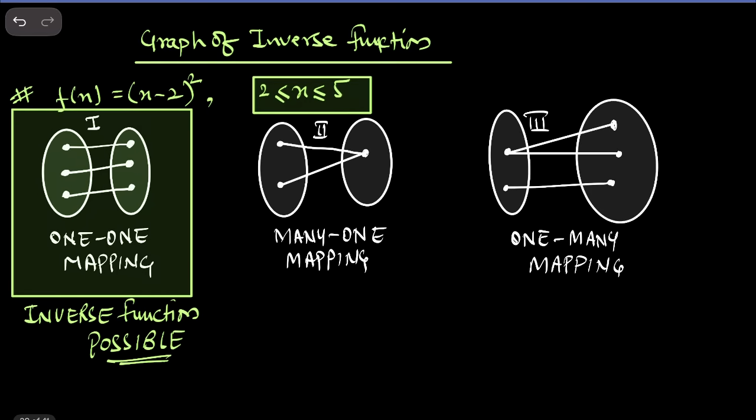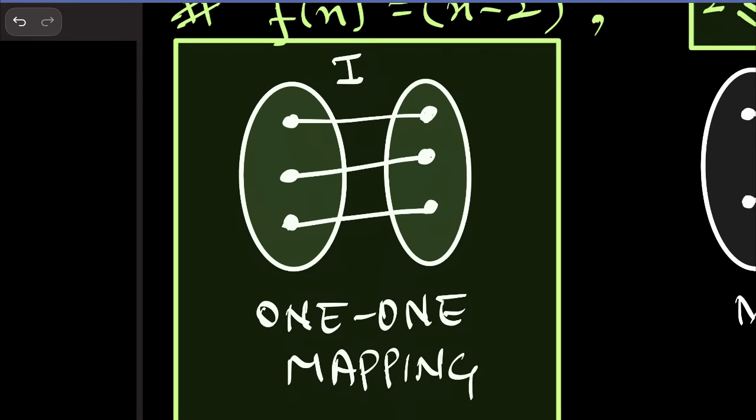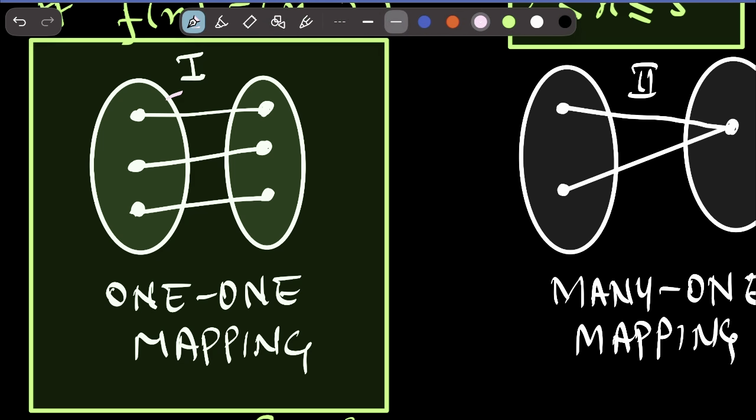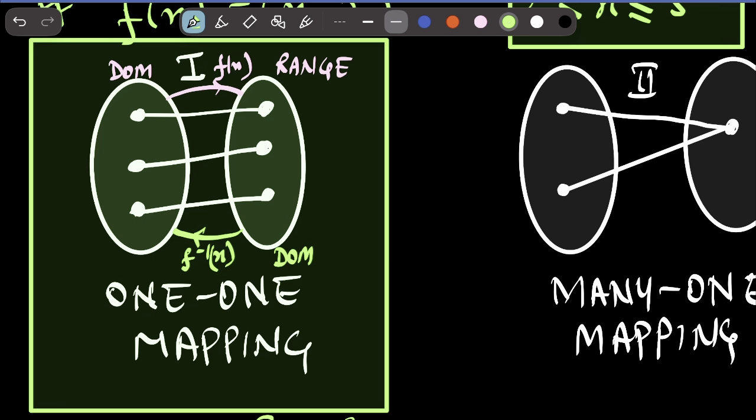Okay. And of course, if you go through with this particular mapping diagram very effectively, then you will be able to see this particular function f of x. So for the function f of x, this is your domain and this is your range. And in the same way, if I write down f inverse x, so for f inverse x, this one is going to be your domain and this one is going to be your range, right?